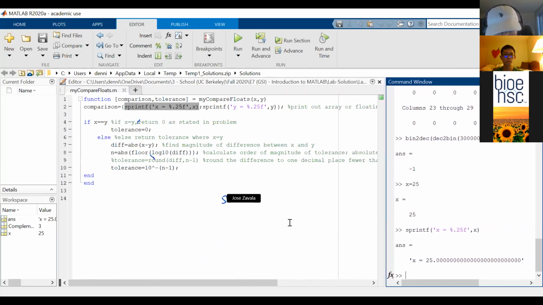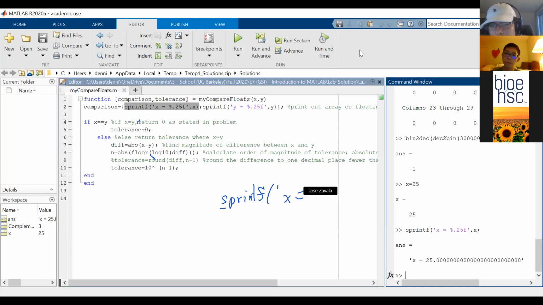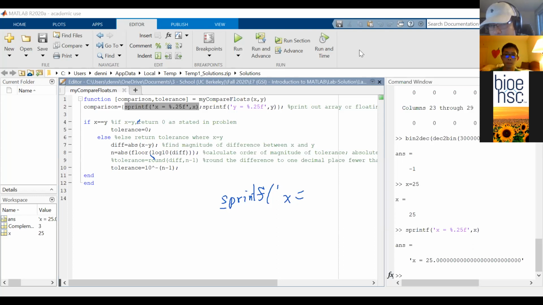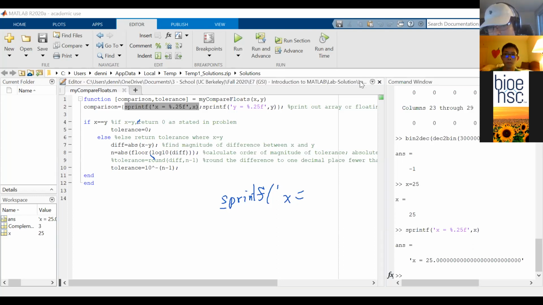So sprintf. This means print with format. I don't remember what the S stands for, but here the format goes: X equals something. Those are just text, and you can input special characters. The special character that you use here is the % sign.